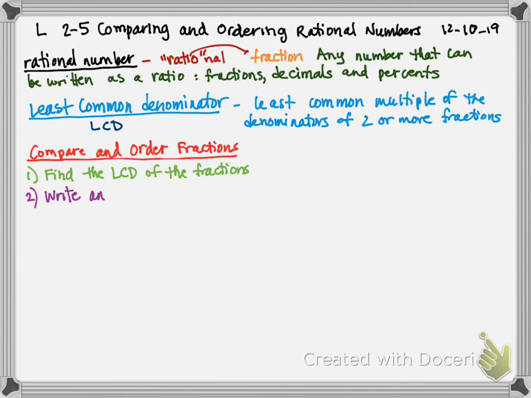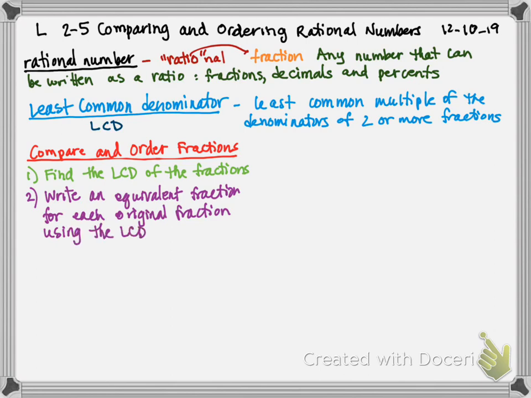Write an equivalent fraction for each original fraction using the LCD as the denominator. And remember, what that means is whatever I had to multiply the denominator by to become the LCD, I have to multiply the numerator by the same thing.